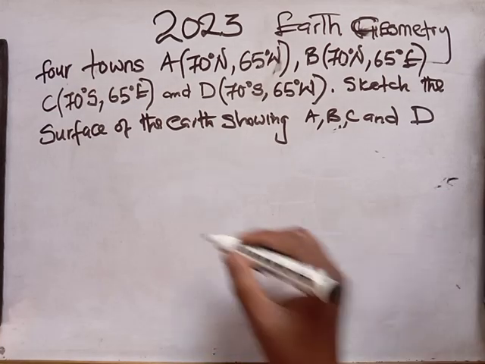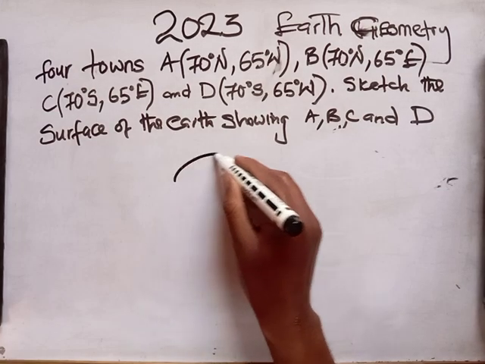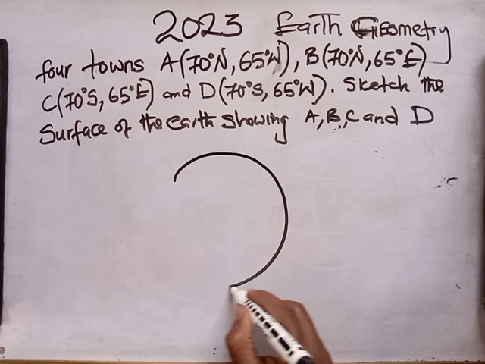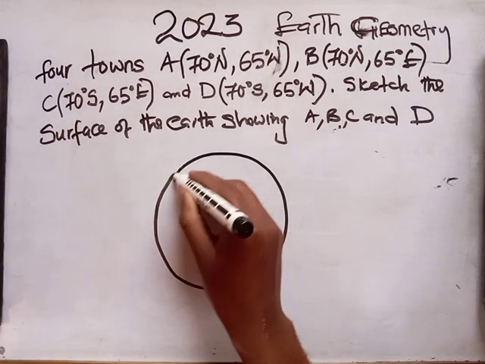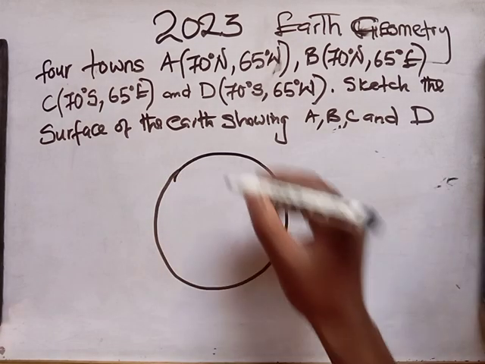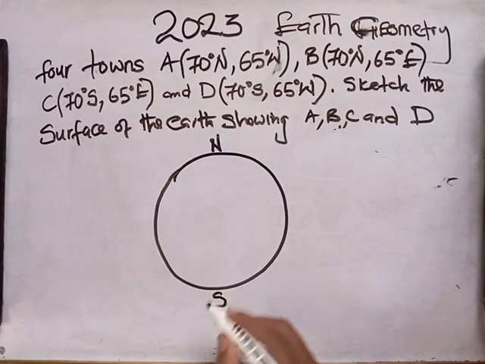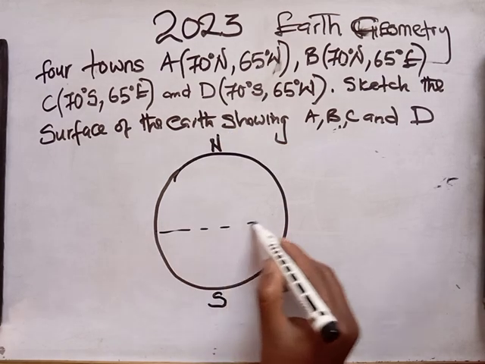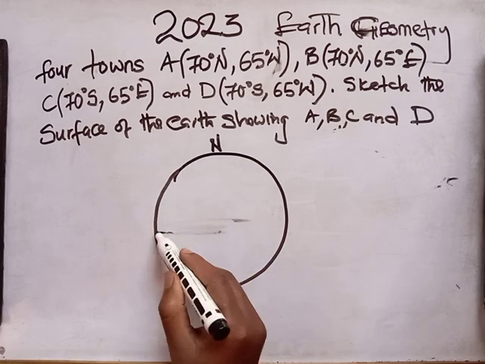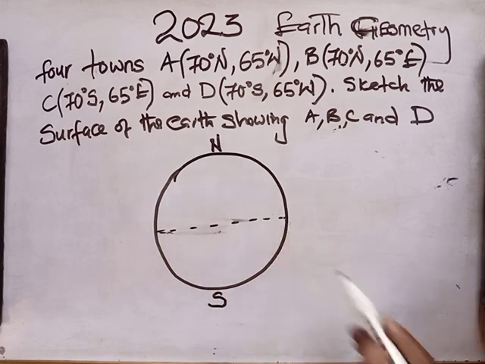So this is the surface of the Earth. This is the north and this is the south. The middle line is the equator.